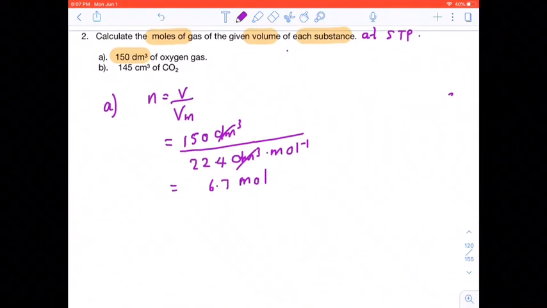Right, that is the moles of the gas in 150 dm³ of oxygen.